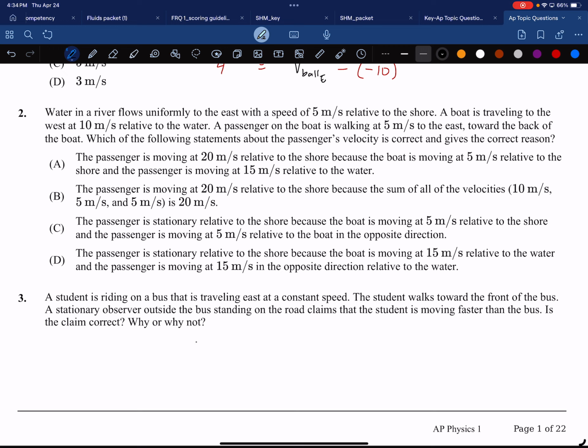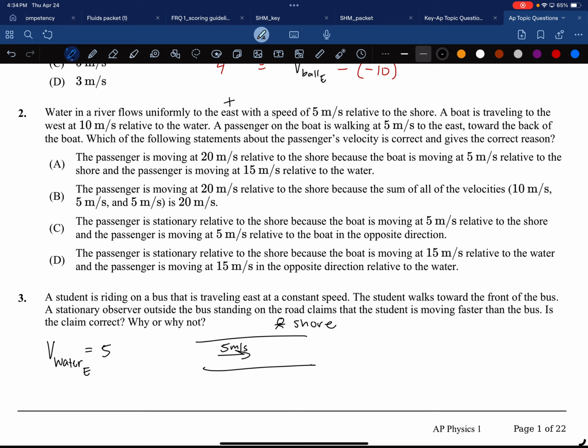So when I draw this out, this person's on the shore. The water flows at 5 meters per second relative to the shore. So I can say the velocity of the water to earth is going to be 5. And I'm going to keep east as positive.